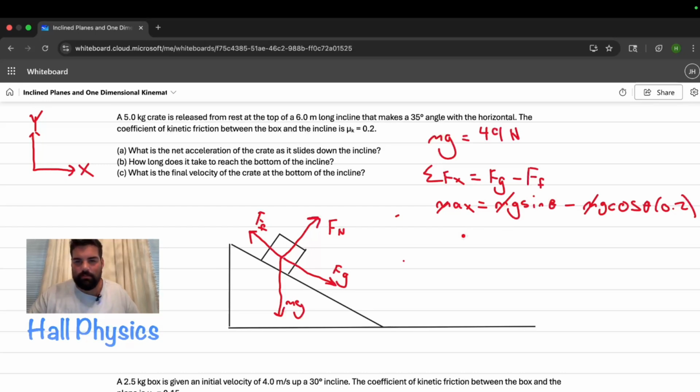The next thing we can do, we can go ahead and just solve for acceleration, because I think we have all of these values. Let me go ahead and write 35 degrees as our theta here. All right, 9.8 times sine of 35 minus 9.8 times cosine of 35 times 0.2.